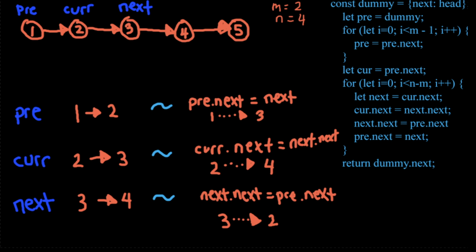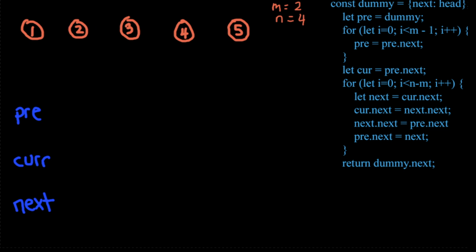Or if you want to think about it with the arrows, it's 1, 3, 2, 3 points to 2, and 2 points to 5. Okay? So let's see what you do on the next step, because I redid the arrows here, but slightly confusing. Let's go to the next step.